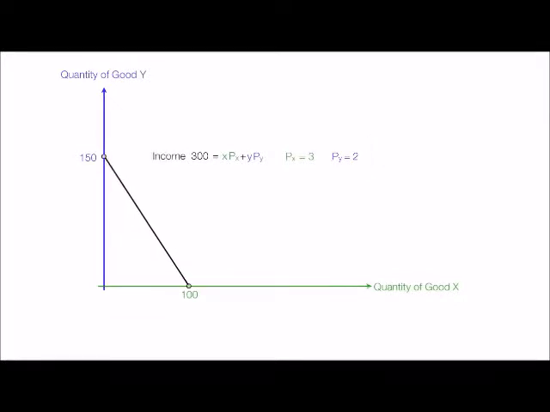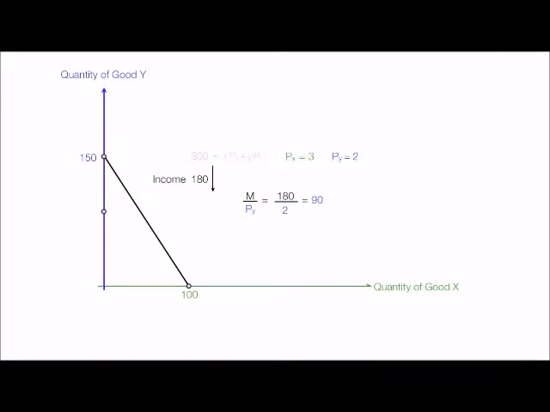If the consumer's income goes down, let's say it goes down to 180, take the income divided by the price of Y, which is 180 divided by 2. This is equal to 90. I'm holding price constant and reducing income.